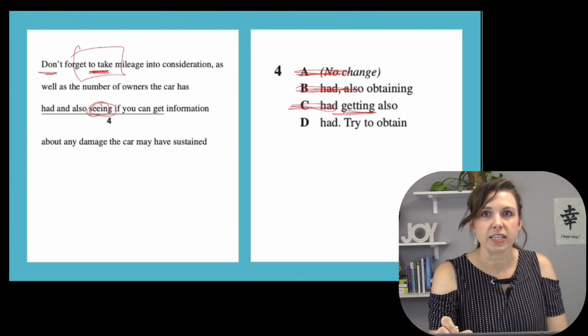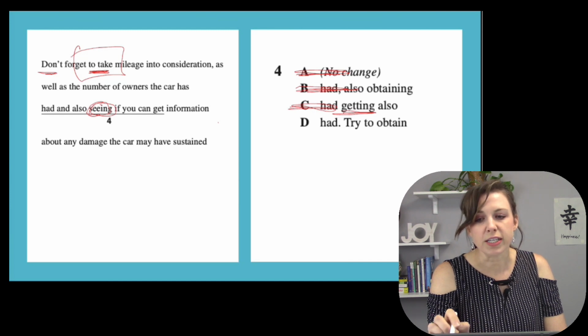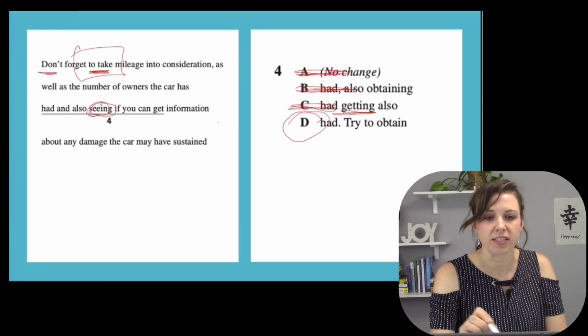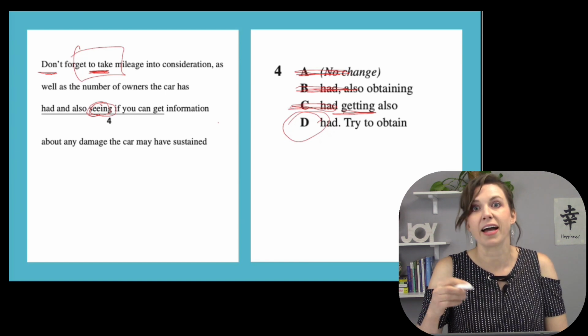All right, let's take a look at D. D says, "as well as the number of owners the car has had," period. "Try to obtain information." So this is our answer, and I want to show you a couple things. See how the subject in here is an implied "you."